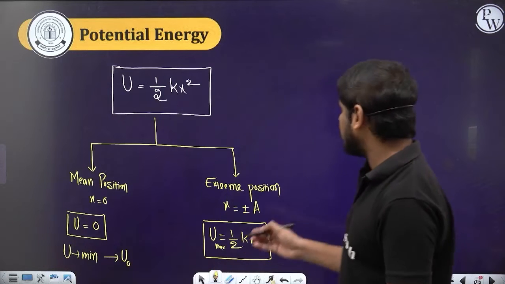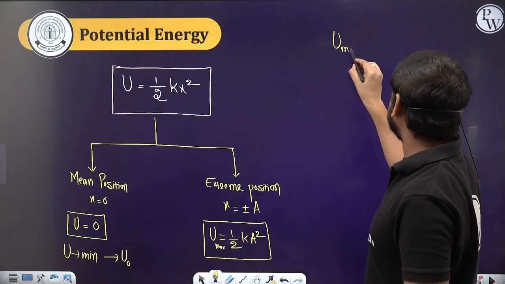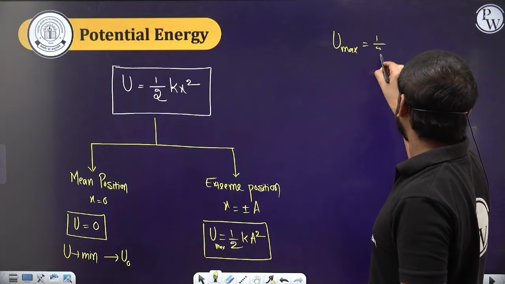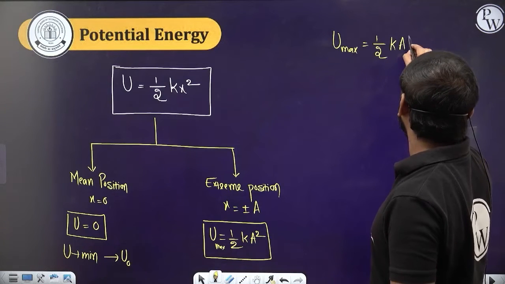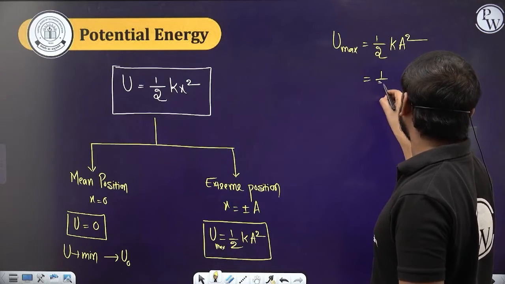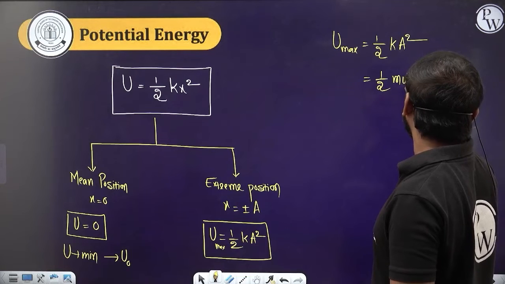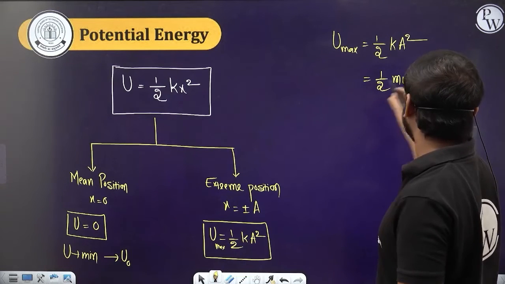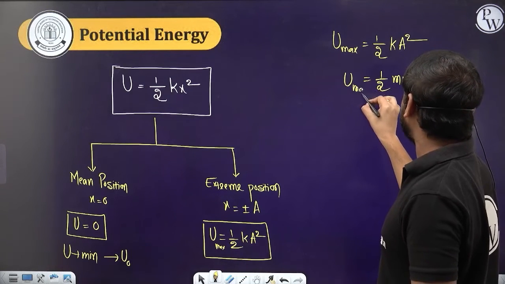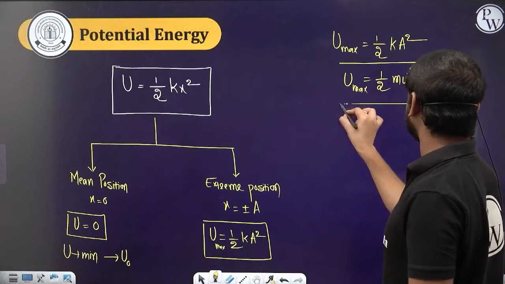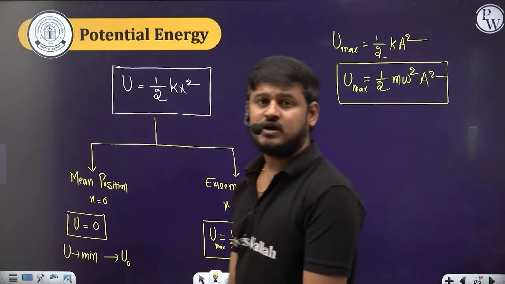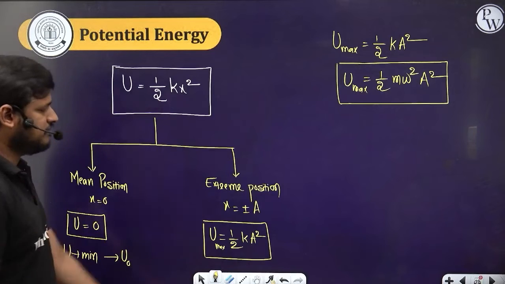Or I can also write the maximum potential energy, in place of k, as m omega square into a square. This is the maximum potential energy. Understood everyone? Clear? Chal. Good.